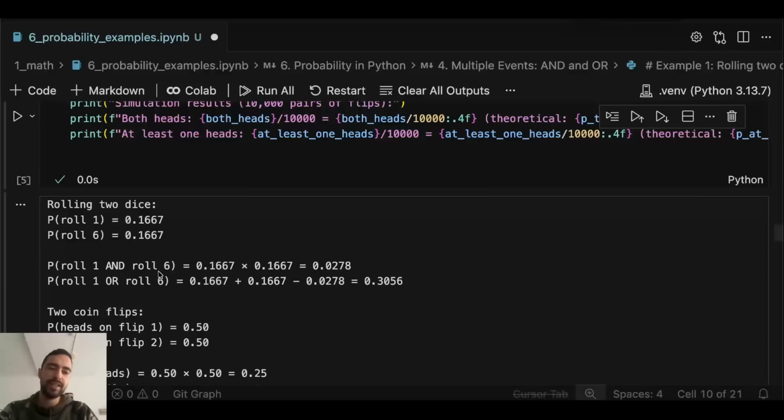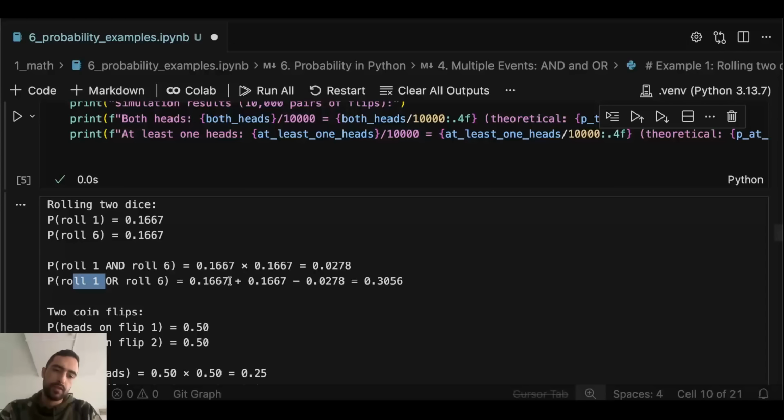Now, what is the chance that in those 2 dices we get 1 or 6, but not both of them, just either 1 or 6. So it can be 1 on the first dice, or 1 on the second dice, or 6 on the first dice, or 6 on the second dice. So there are 4 possible ways to satisfy this. But if we get 1 and 6, that's not what we want.